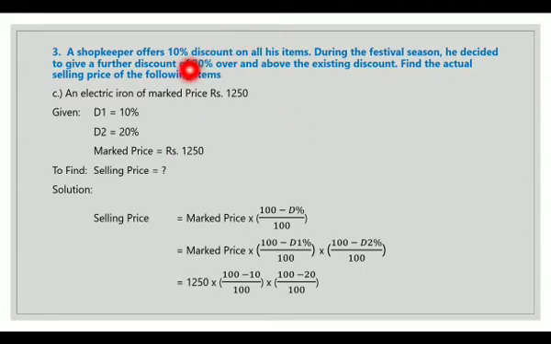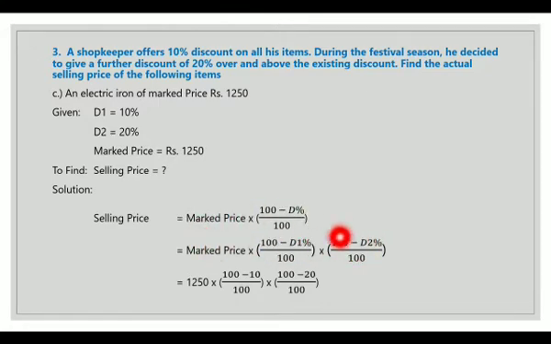Now in the same shop he buys the third item, an electric iron of mark price rupees 1250. So D1 is 10%, D2 is 20%, mark price equals rupees 1250. We need to find out the selling price. So selling price equals mark price into 100 minus D1% upon 100 into 100 minus D2% upon 100.